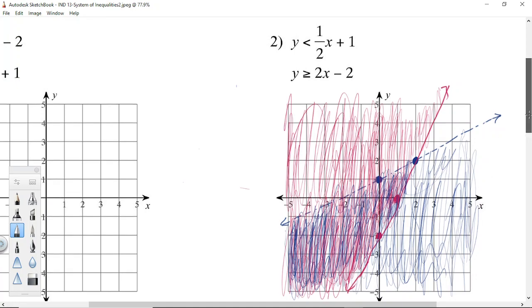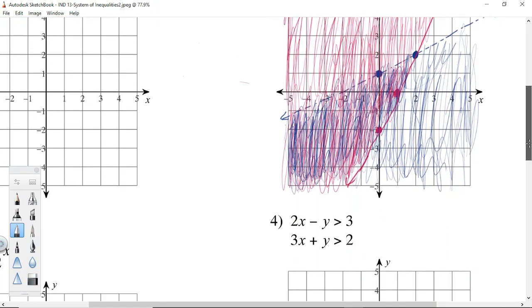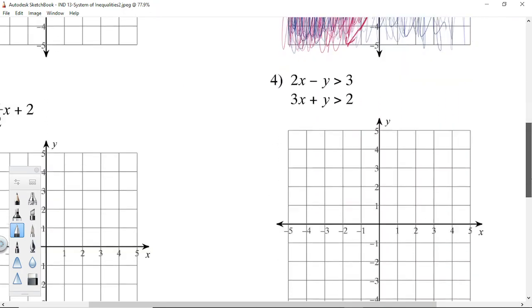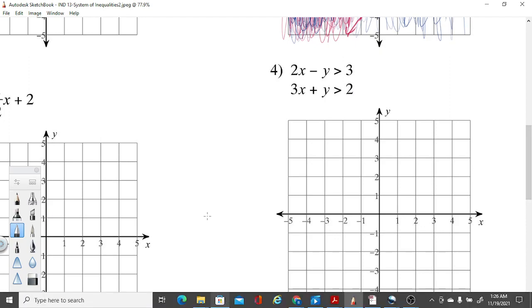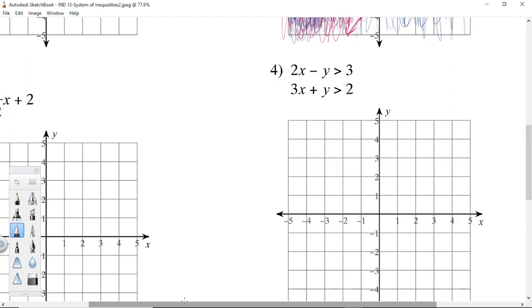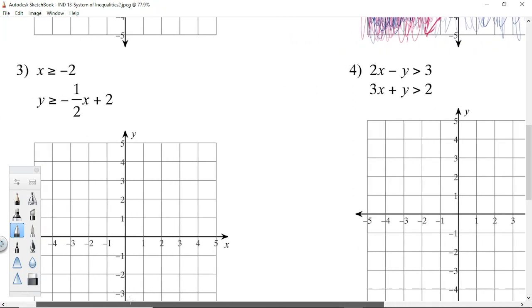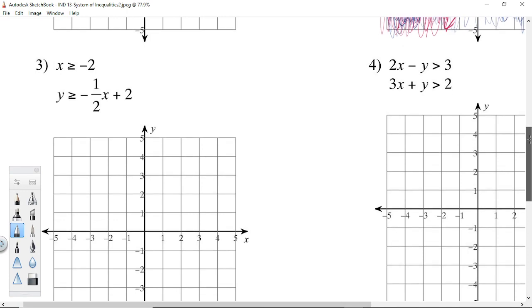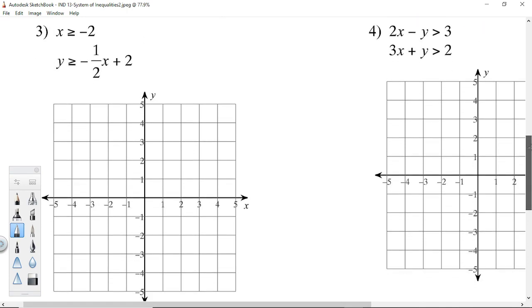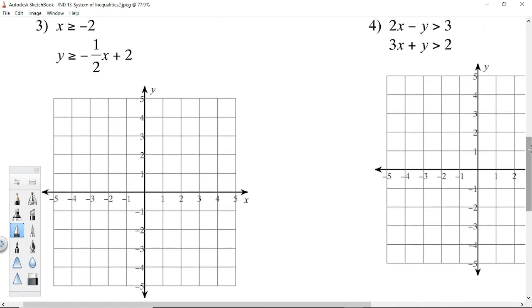Okay, let's look at the next one. Number 3. Okay, this is a pretty good problem. It's different.